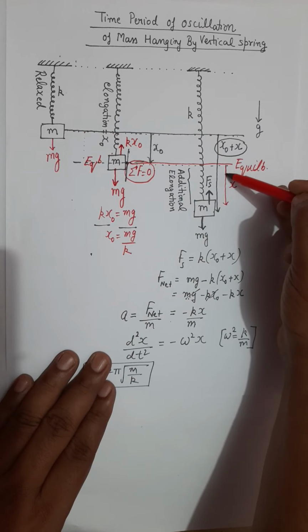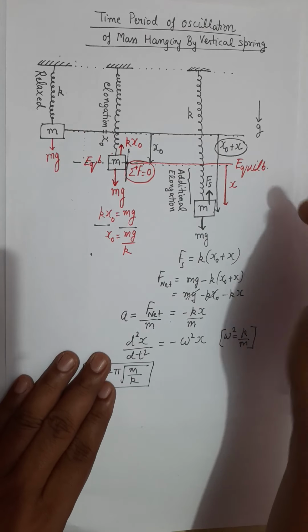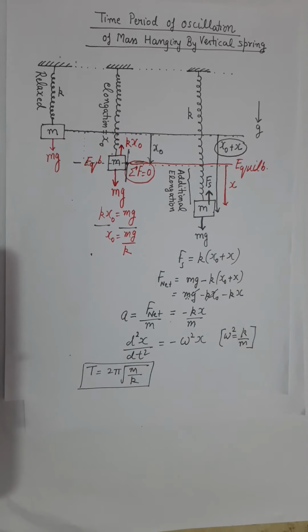So if you displace the block by x distance and you get some additional force, obviously that additional force will be the unbalanced force, and the oscillations will be caused by that unbalanced force only.